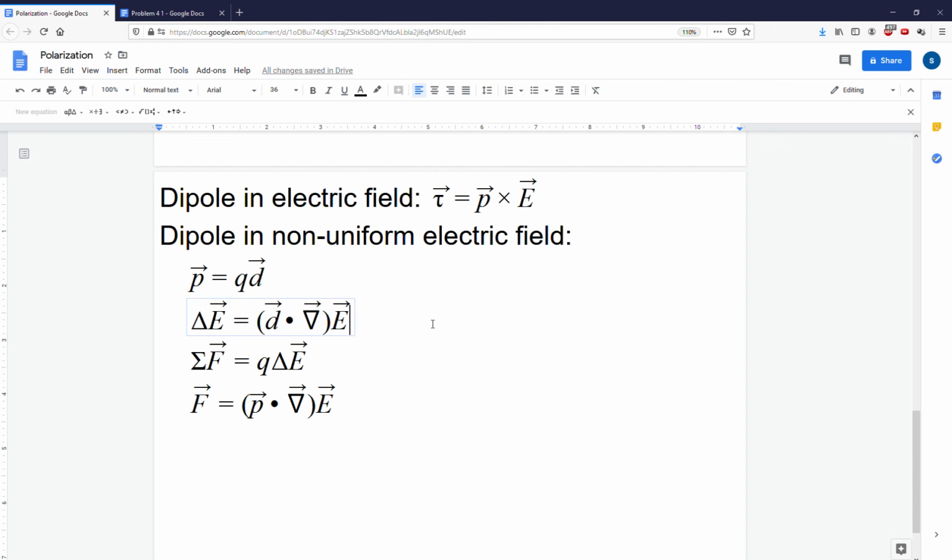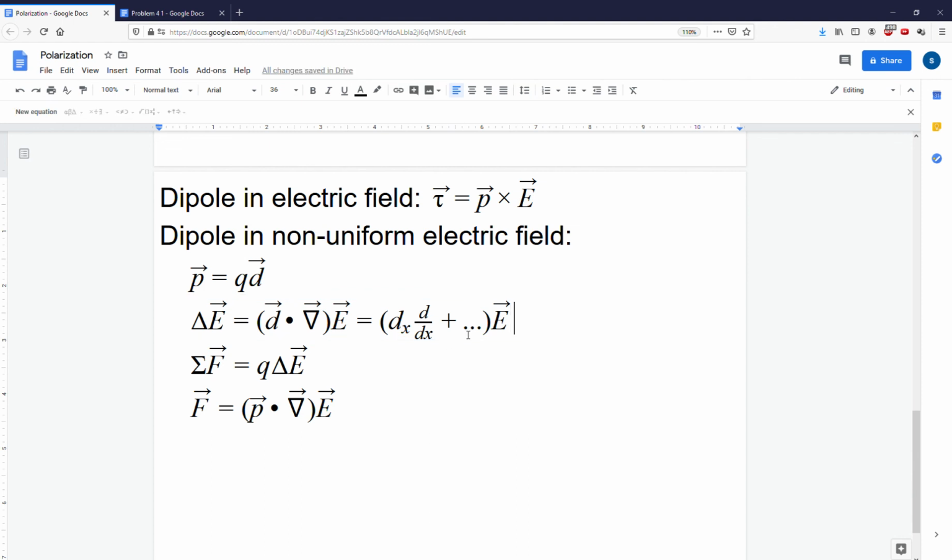Let me write that out for you. Which means that you'll take this derivative on E and multiply it by the x component of D.